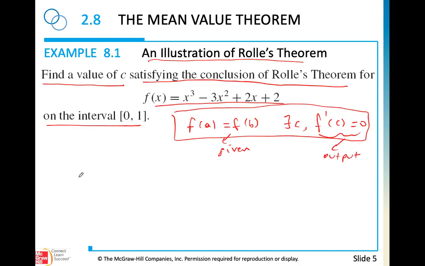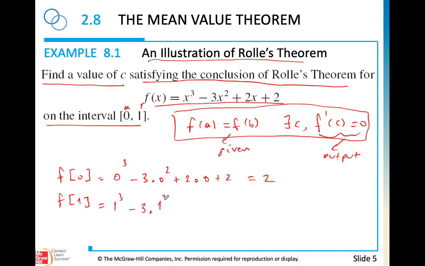So let's check it. f(a) means f(0), f(b) means f(1). What are f(0) and f(1)? f(0) means 0 cubed minus 3 times 0 squared plus 2 times 0 plus 2, so this is 2. f(1) means 1 cubed minus 3 times 1 squared plus 2 times 1 plus 2.